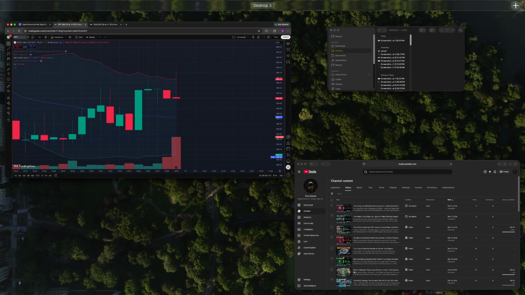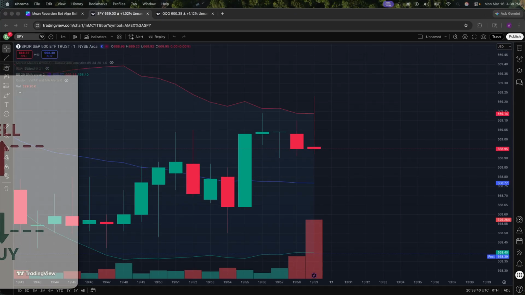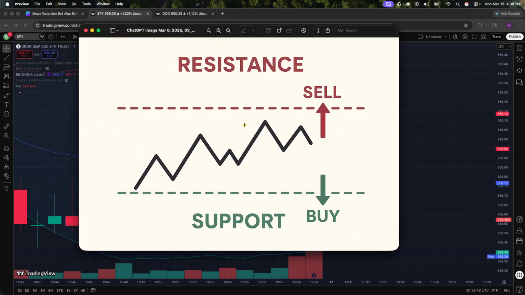And I know I talked about support and resistance, so let's jump in and explain this bit real quick. Let's call this our SPY, and SPY is the S&P 500, the top 500 companies within the New York Stock Exchange. And this is going to be our price. Whenever our price is making lower lows, that denotes that it is touching the support level.